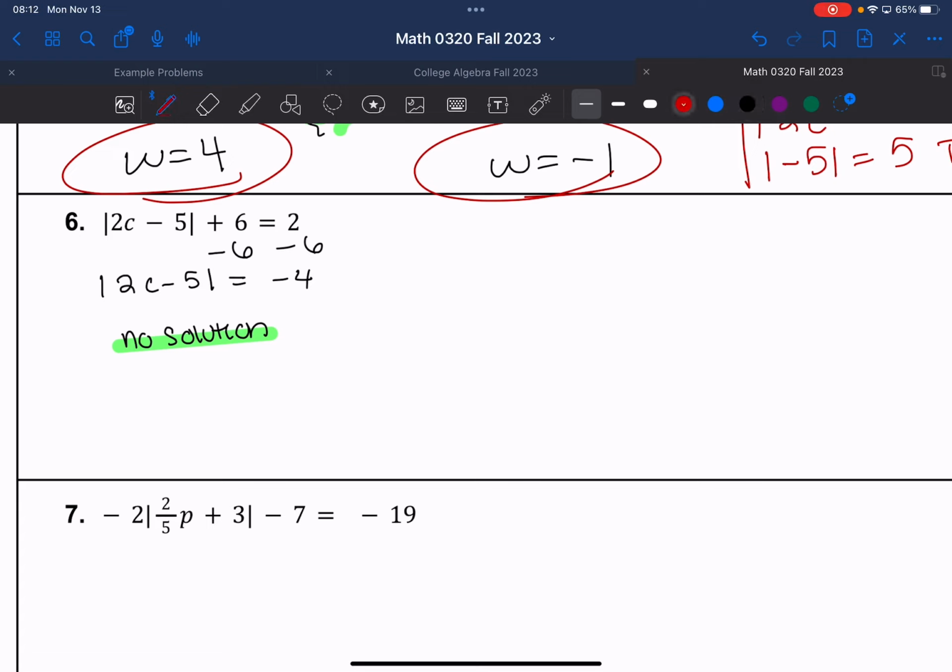Let me write that off to the side. Can't have an absolute value equal to a negative number. So once we isolate our absolute value, if it's equal to a negative number, automatically no solution.